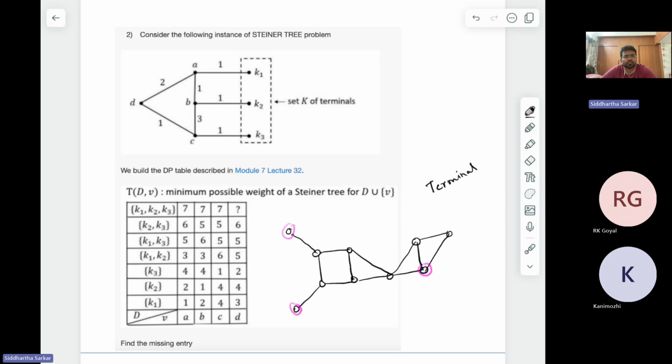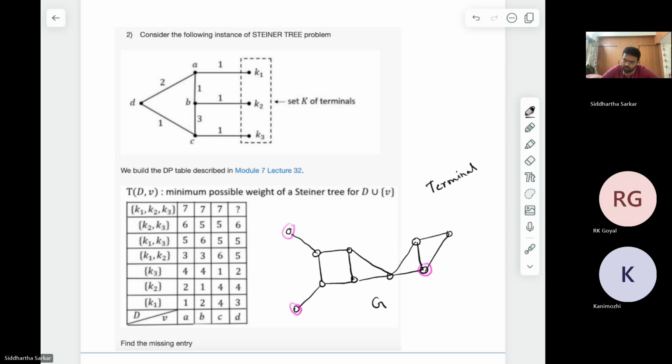Now the question is, given this set of terminals, can I find a connected subgraph H of this? Let's say this graph is G. So can I find a connected subgraph H of G that contains all the terminals?